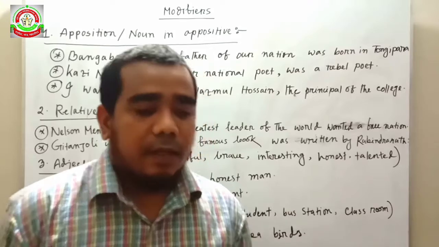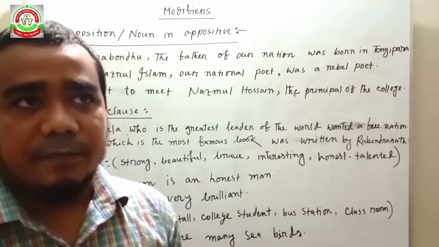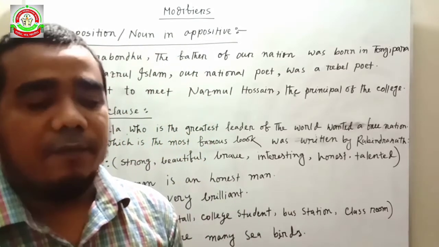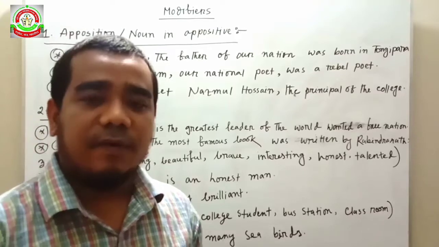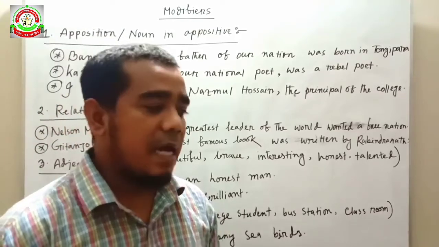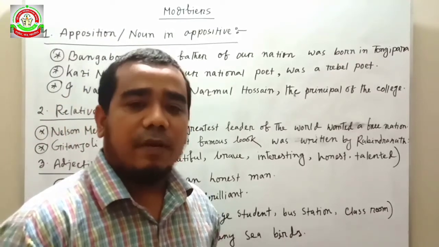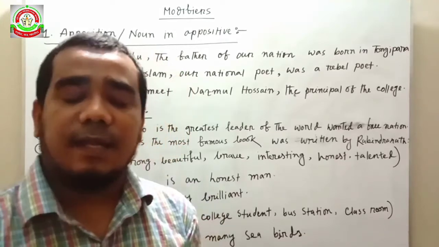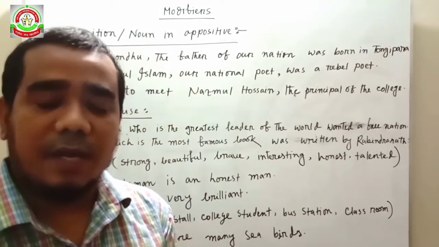In the previous class I told you that we have two kinds of modifiers, pre-modifiers and post-modifiers. When a modifier sits before a word and modifies the next word, it is called a pre-modifier.